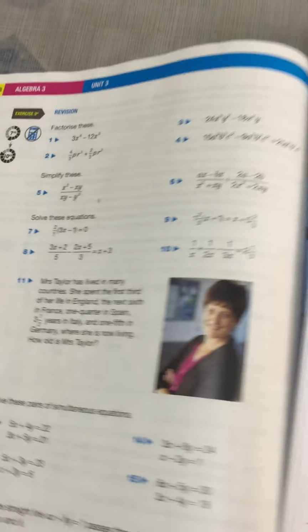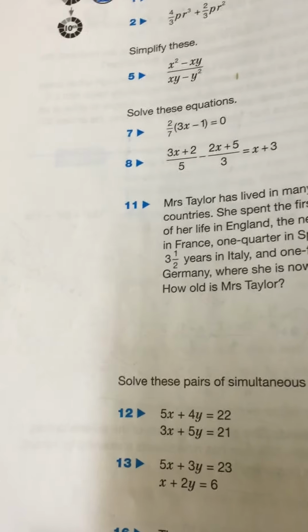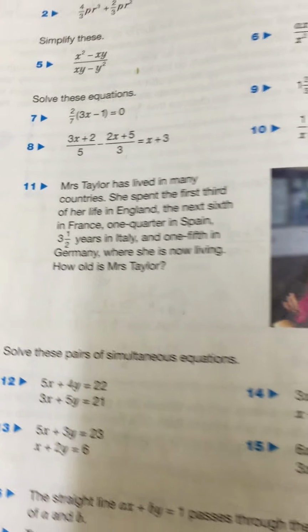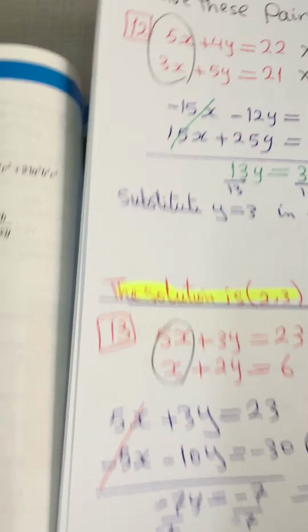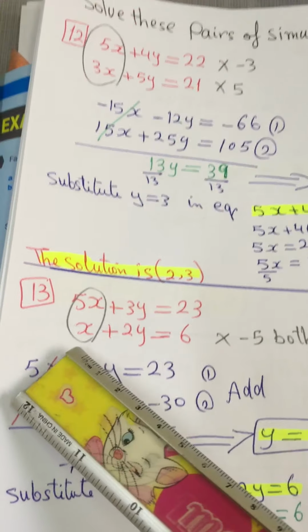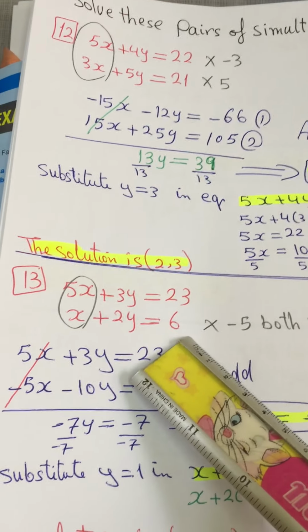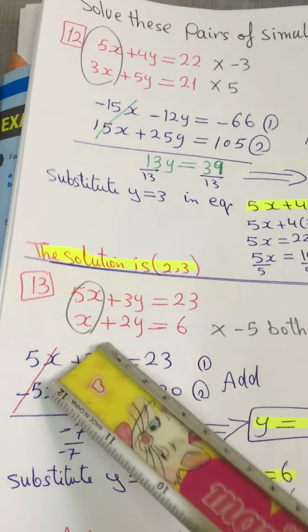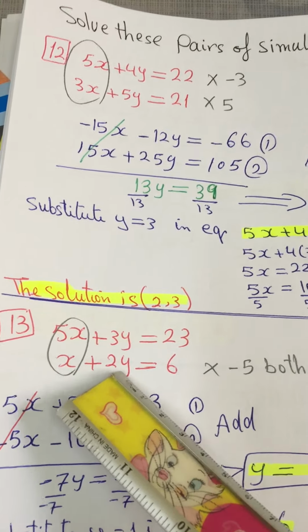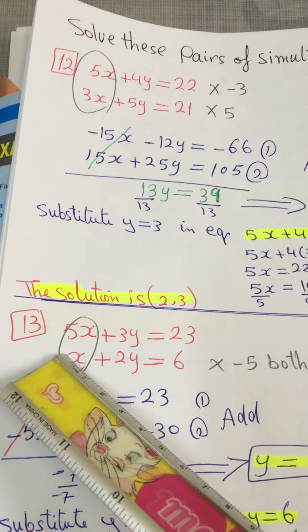Stop the video, try to solve number 13 yourself and then check with me. In number 13, we have two equations, 5x plus 3y equal 23 and x plus 2y equal 6. Also here, I decide to use elimination. It's up to you. You can eliminate y, you can eliminate x.